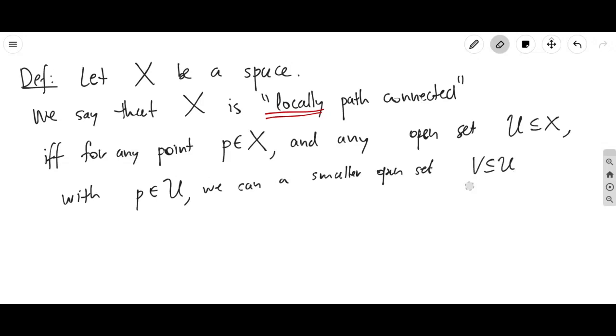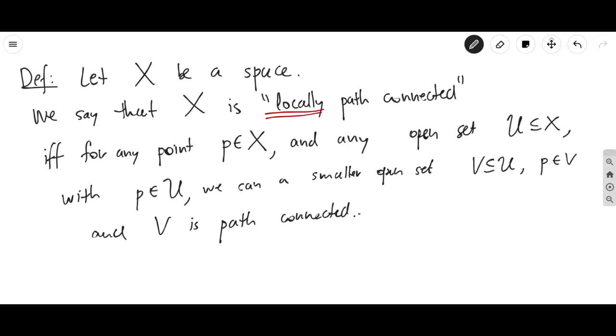Is V an open subset of X, or is V an open subset of U? What do we mean when we say open set? There's no ambiguity. An open set of an open set is an open set. Like it's transitive. So I'm sure you know what I'm referring to. That's not an issue here. But anyway, we can find a smaller open set V. So smaller means it's sitting inside U. It contains the point, and V is path connected.